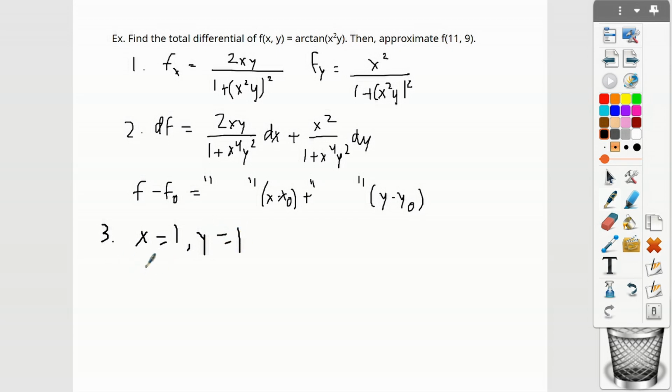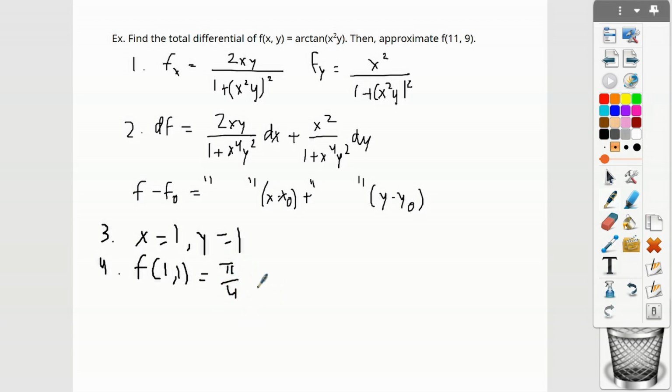I did not think of this when I was making this question; f of 10 and 10 is not very good. So this is kind of like freestyle. x equals 1 and y equals 1 gives f of 1 comma 1, which is arctan of 1, pi over 4.